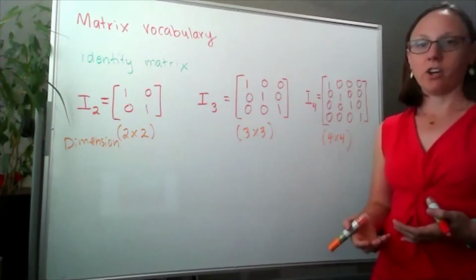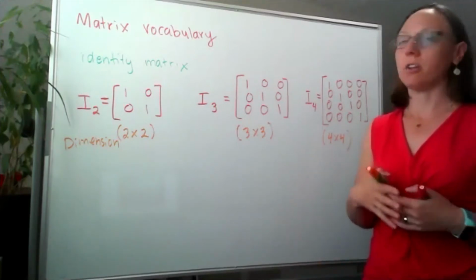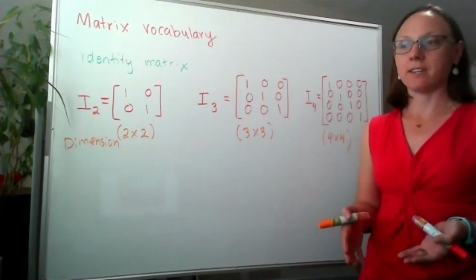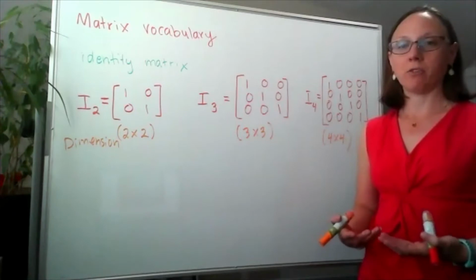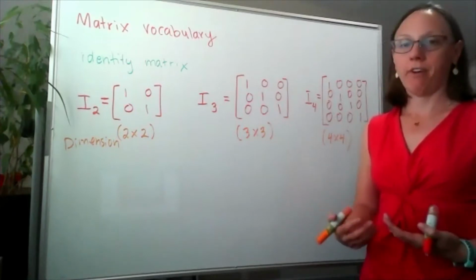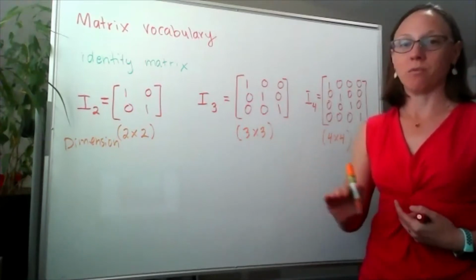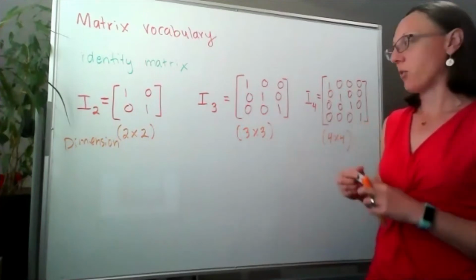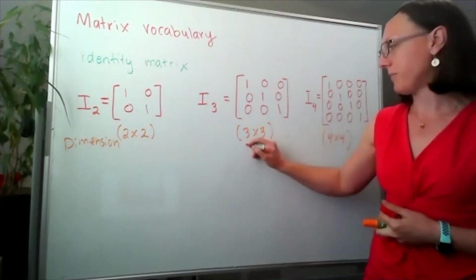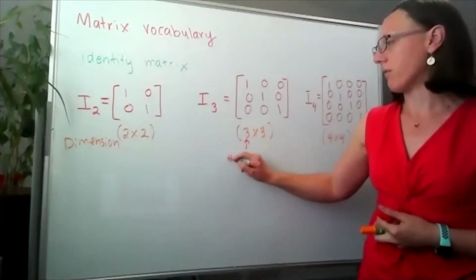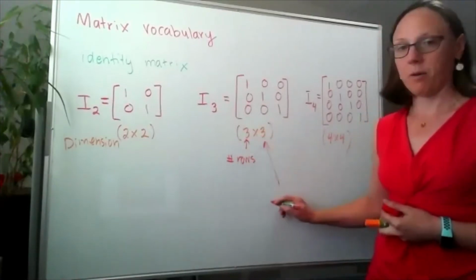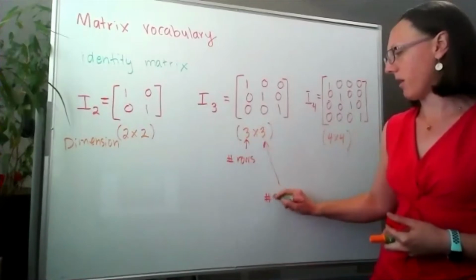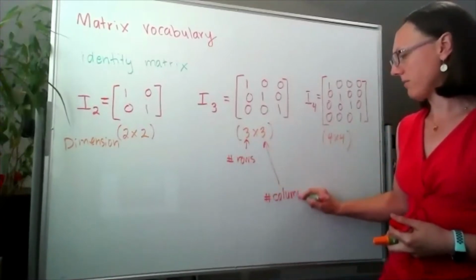All of the notation and properties around matrices follow this pattern of rows before columns. So the first number tells me the number of rows, and the second number tells me the number of columns.